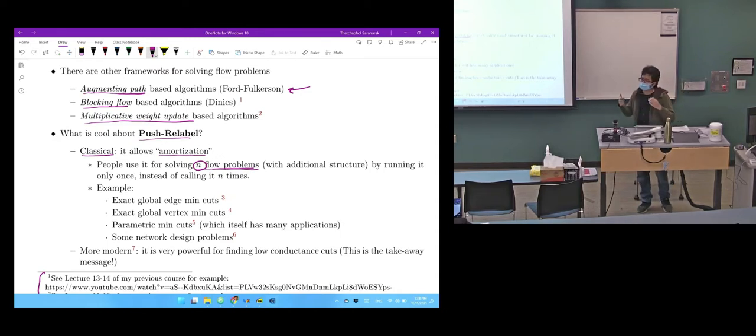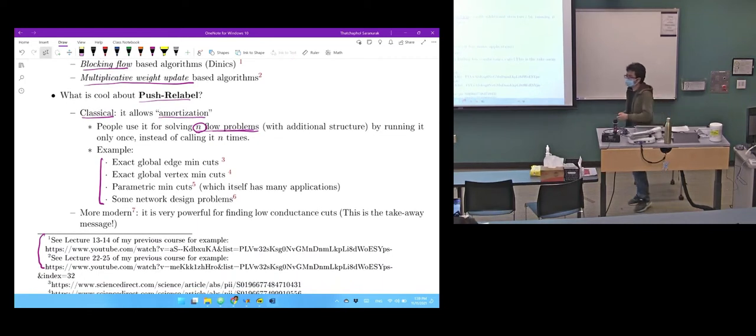In this way, it's faster. By using this kind of amortization trick, there are many algorithms that get fast running times. So that's a classical, nice aspect of push-relabel.